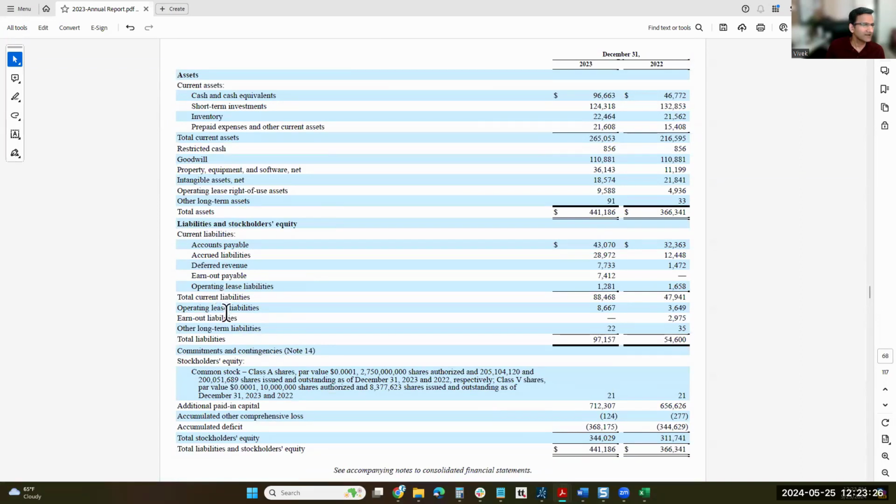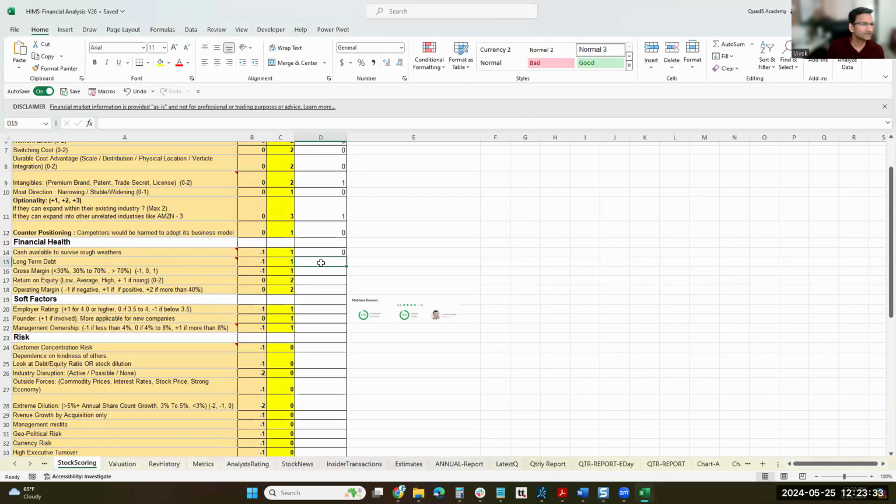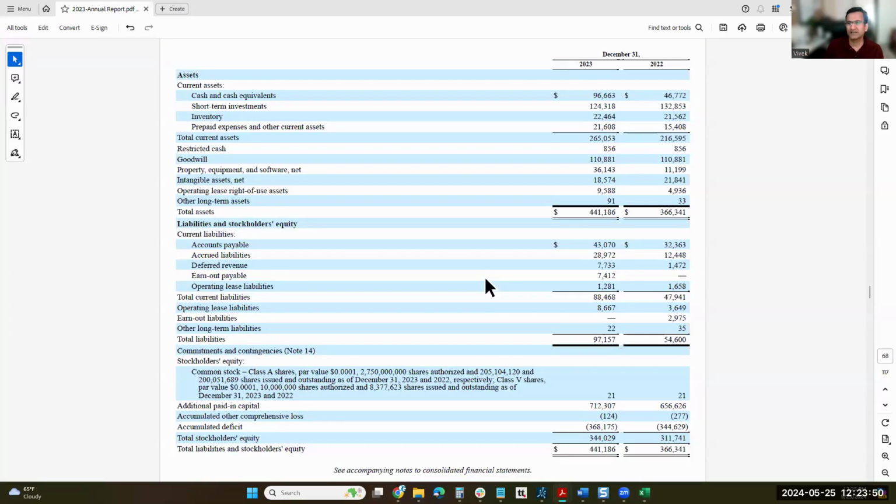How much total current liabilities, long-term liabilities? Oh, no, they don't have much. So I'll give them one. Gross margin is more than 70%, give them one. Return on equity, okay, what's their ROE?